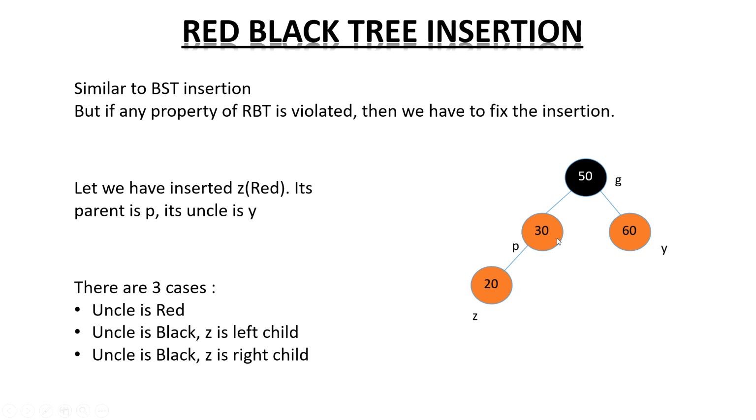violation of the red property. As we know, there cannot be two consecutive red nodes in the red-black tree, so it is a clear violation of the red-black tree property.